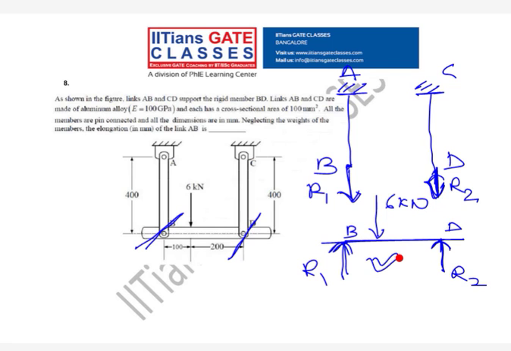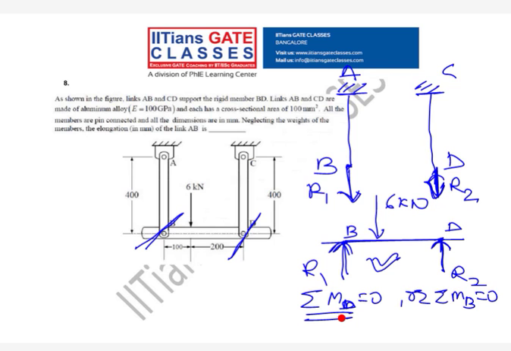We can take moment equilibrium either at point D or at point B. So sigma MD is 0 or sigma MB is 0. Now do sigma MD is 0.